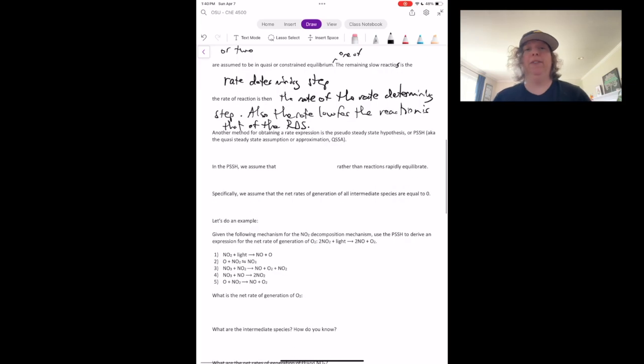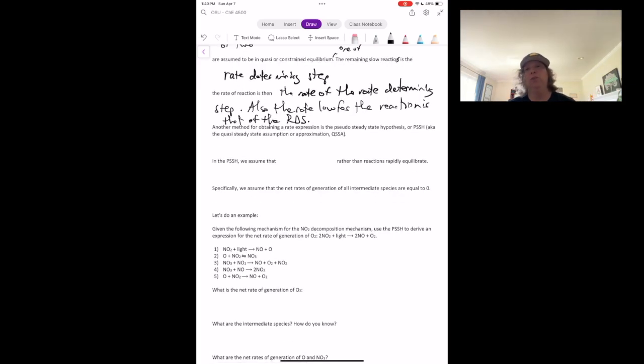So another method for obtaining the rate expression is the pseudo-steady state hypothesis. This is abbreviated PSSH. It's also sometimes called the quasi-steady state approximation or the quasi-steady state assumption, abbreviated QSSA. In this method, we make assumptions based on species rather than reactions.